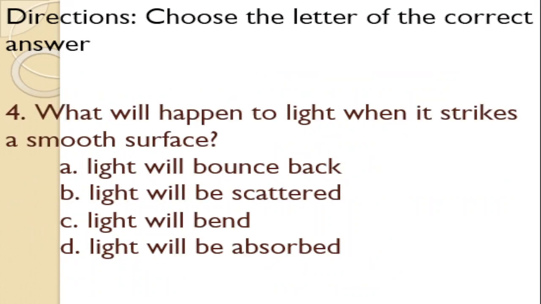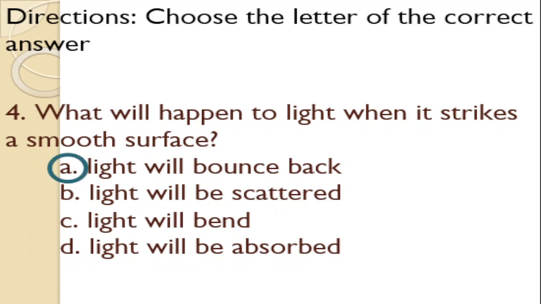Question number 4. What will happen to light when it strikes a smooth surface? A. Light will bounce back. B. Light will be scattered. C. Light will bend. And D. Light will be absorbed. If your answer is light will bounce back, then you are correct.